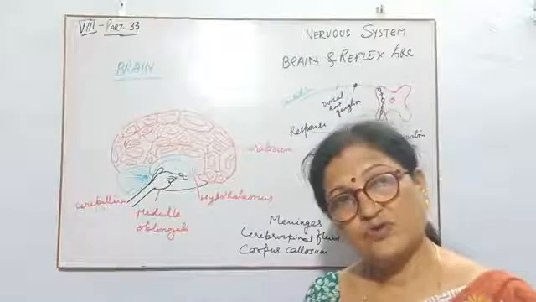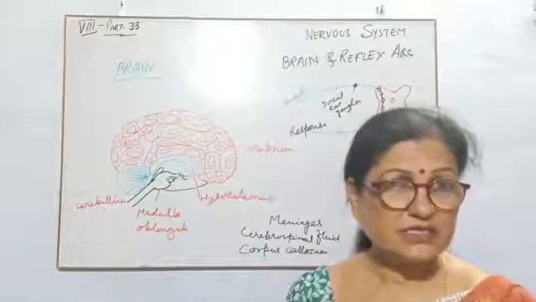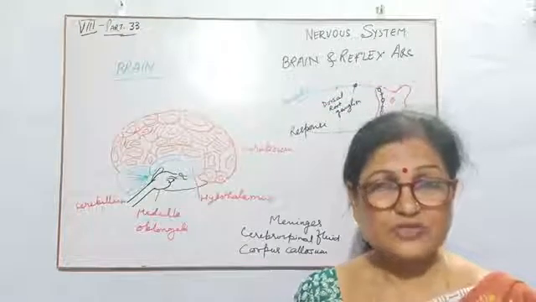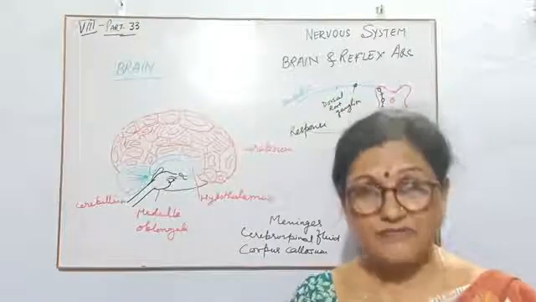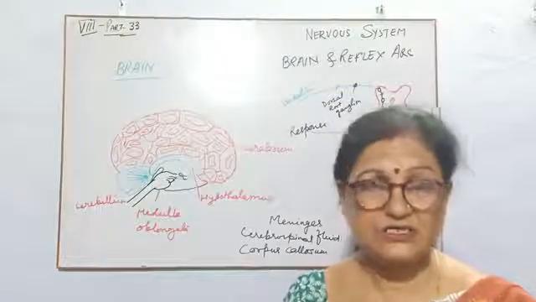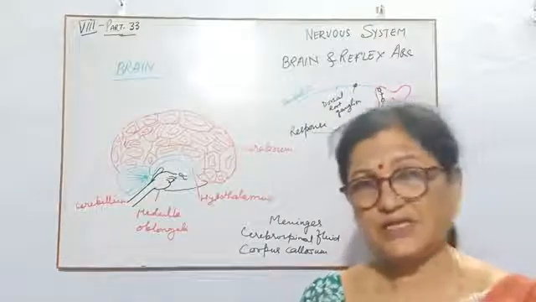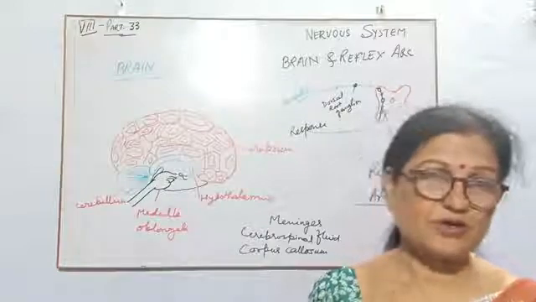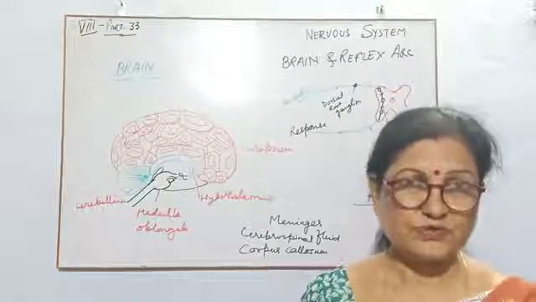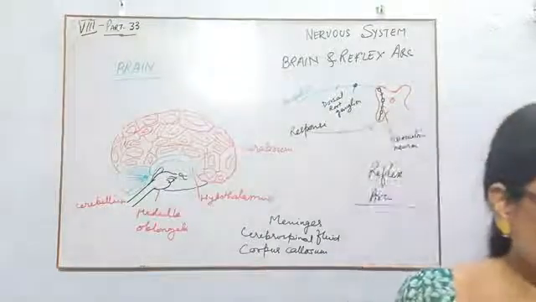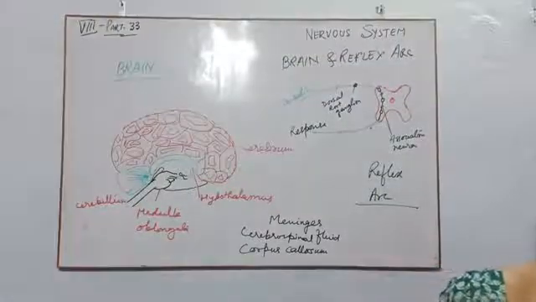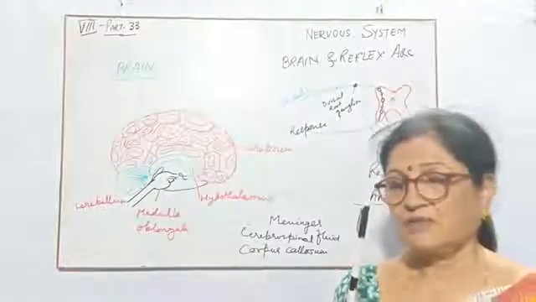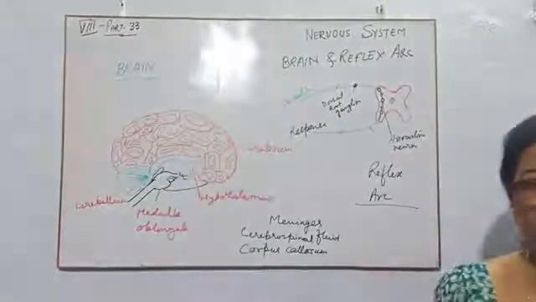So more neurons can be adjusted in this cerebrum, and more neurons give more alertness to our brain, and the brain is more active when we have more ridges and grooves. Yes children, ridges and grooves increase the surface area and our brain can do more function.